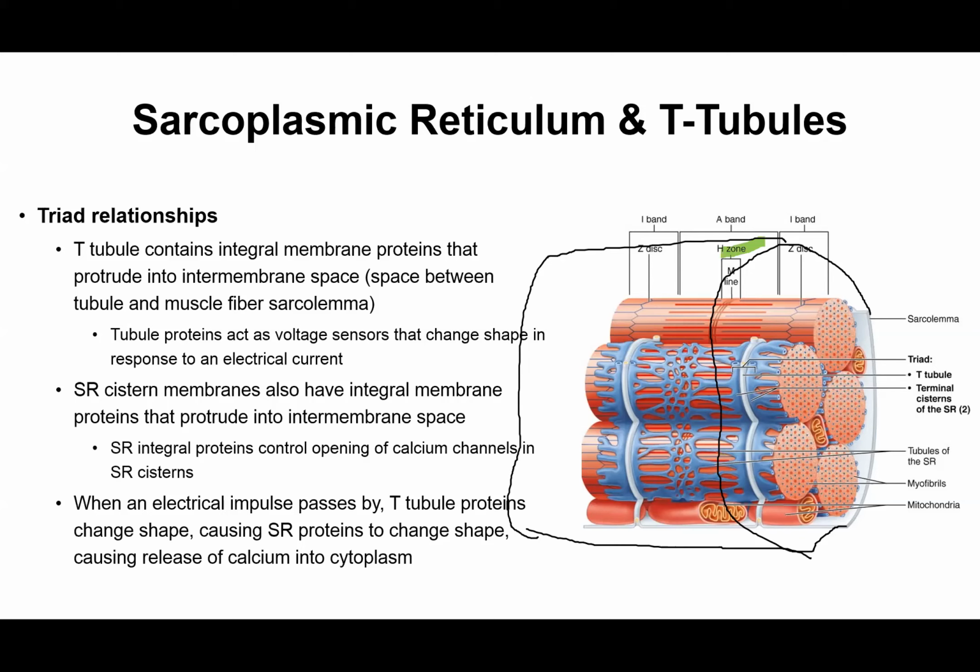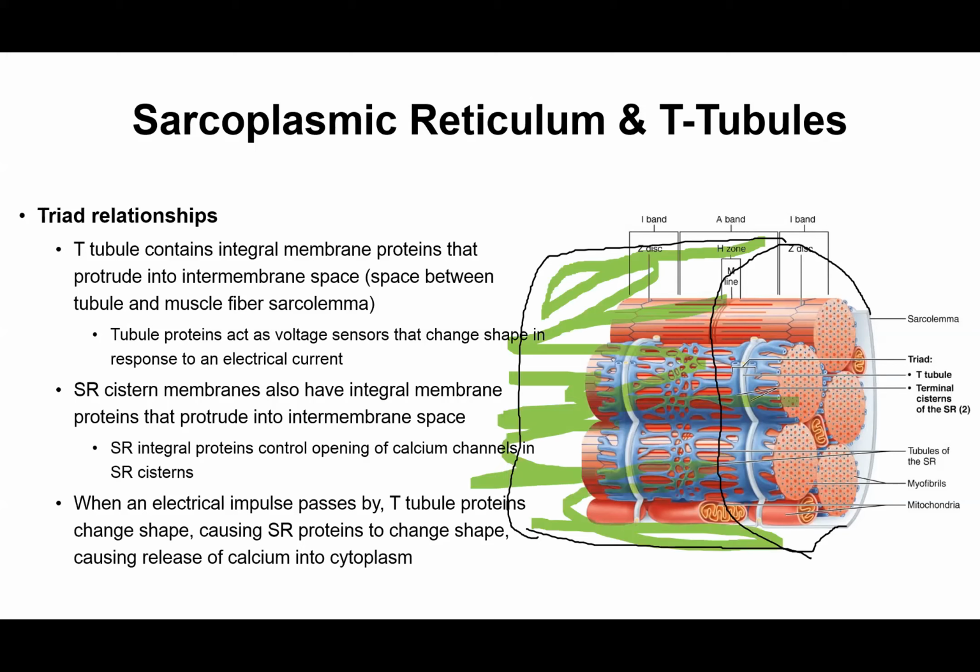So if this is the outside of the muscle, it's going to be really sloppy. I'm really sorry, it's kind of a mess. And anywhere in yellow is going to be considered cytoplasm inside of this muscle fiber, because remember, the cytoplasm is where we're going to find things like the mitochondria.